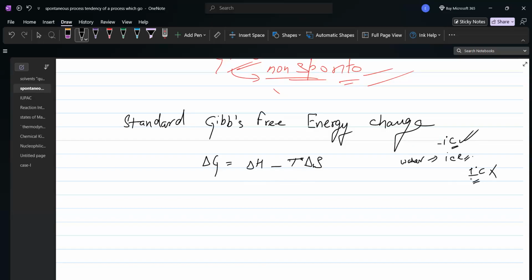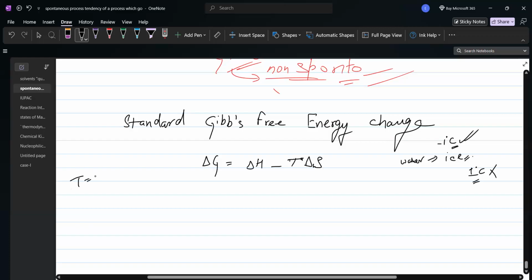So to standardize things, we have taken temperature as 298 Kelvin. When we talk about delta G, standard delta G, we will take temperature as 298 Kelvin, and pressure as 1 atm.